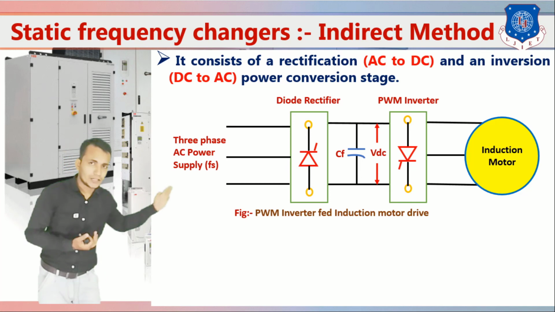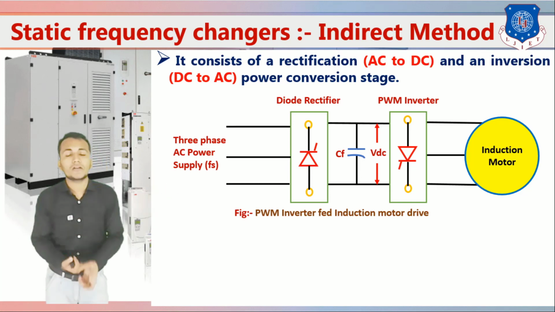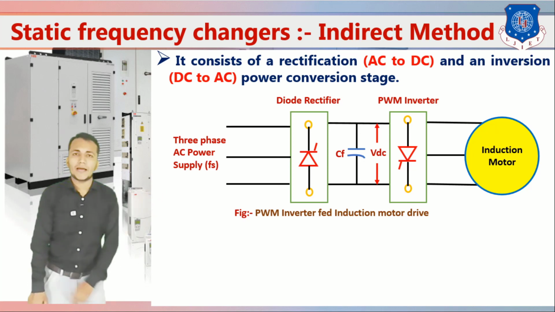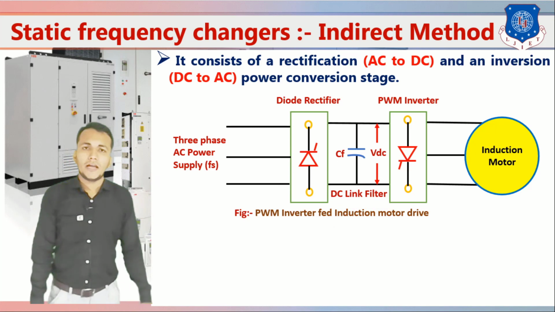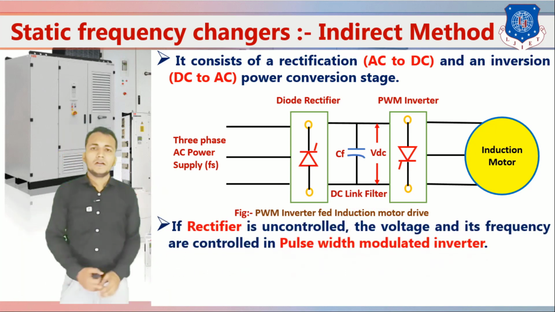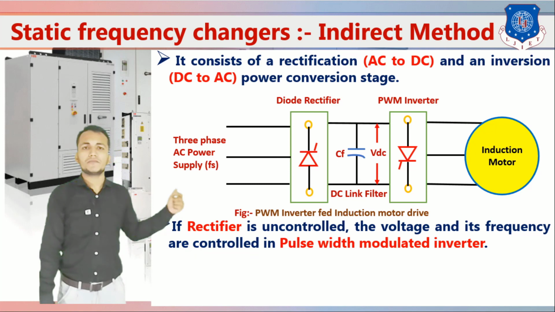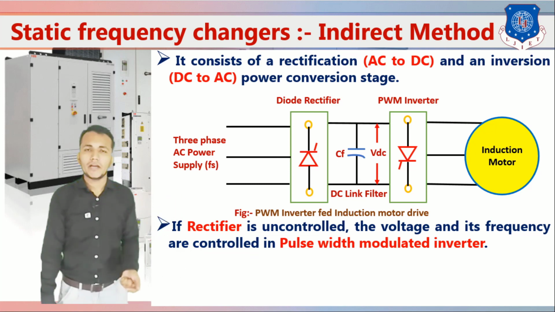So in this method we can say it is the variable voltage and variable frequency method, okay. That is the indirect method of speed control, and here there is a DC link filter. If the rectifier is uncontrolled, the voltage and frequency are controlled in the pulse width modulated inverter, okay.